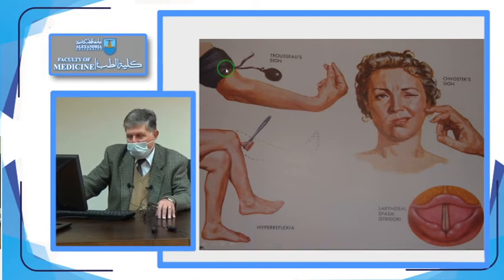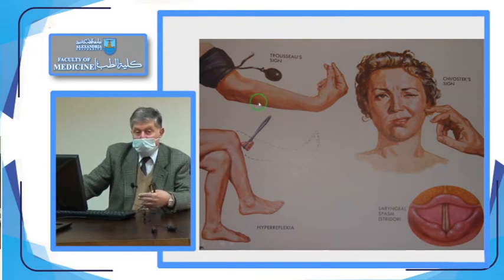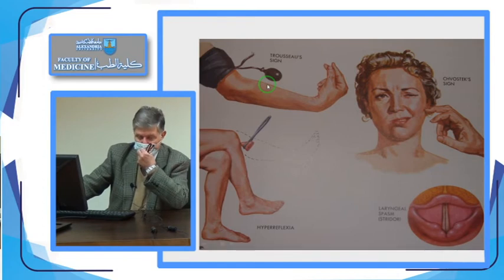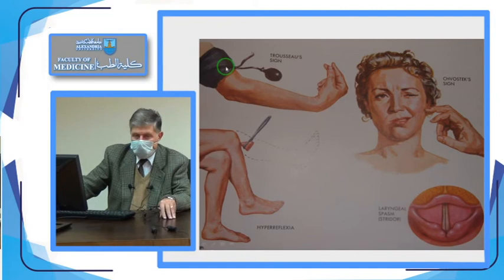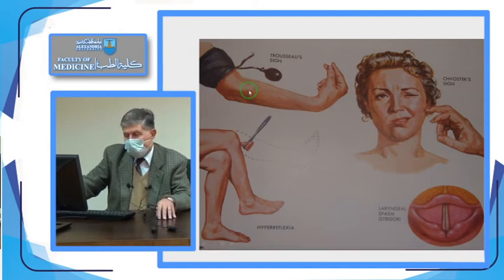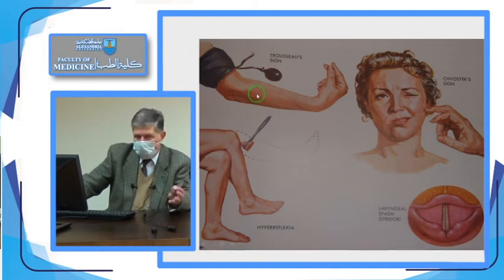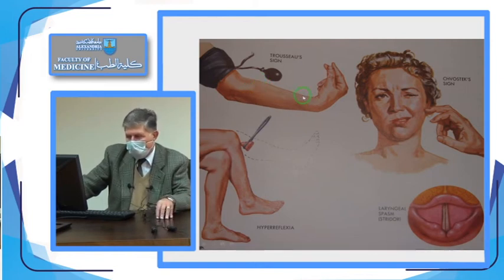And this Trousseau sign is positive when the serum calcium is borderline low, because if the serum calcium is less than 7, it will give manifest tetany. But latent tetany induced by the sphygmomanometer means that the calcium is of course, if it is very low, it will be positive, but also mild lowering, it will also be positive.